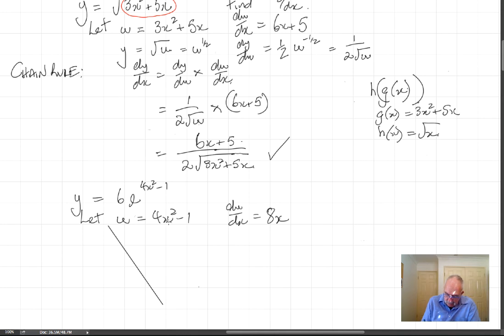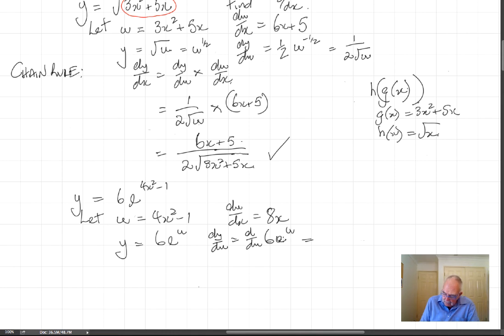And then we've got y equals 6e to the u. So dy du equals d du of 6e to the u.